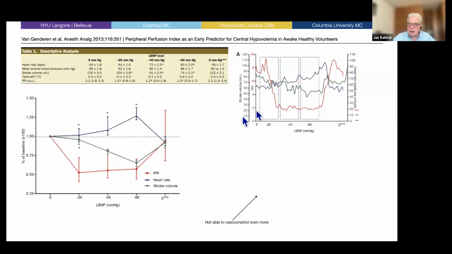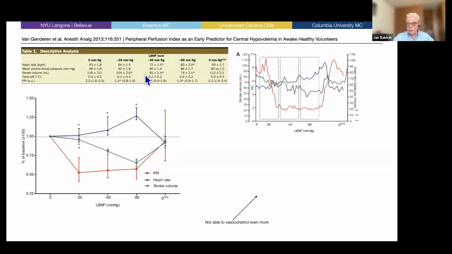Now, as I said, we need our sympathetic nervous system to survive. This is, of course, very limited because it's only -60, and you can see that stroke volume decreases from 116 to 74. So it's not a huge decrease, but still, if you already have your sympathetic nervous system fully activated, this is not something you can tolerate.